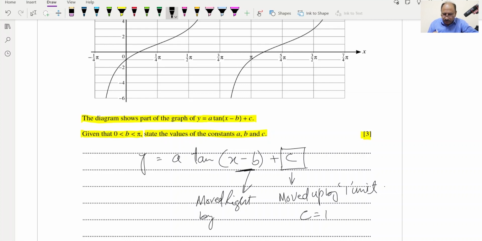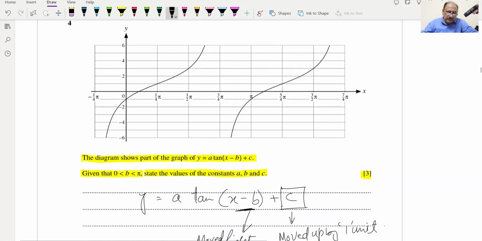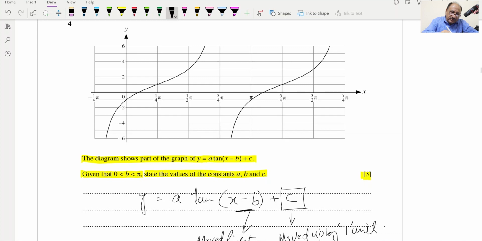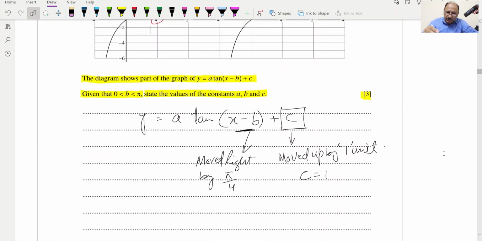Basically it is moved by pi by 4. This point should be at 0, but now it is moved from 0 to pi by 4. So the b value will be pi by 4.